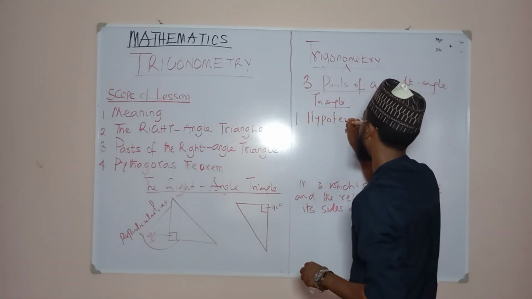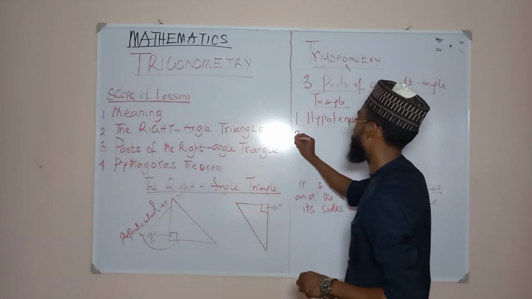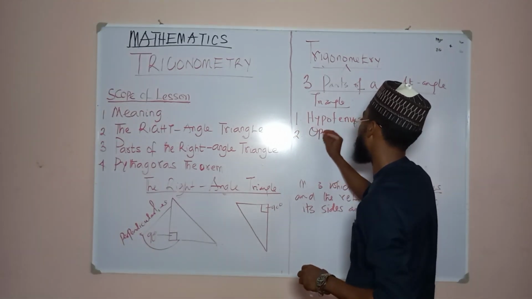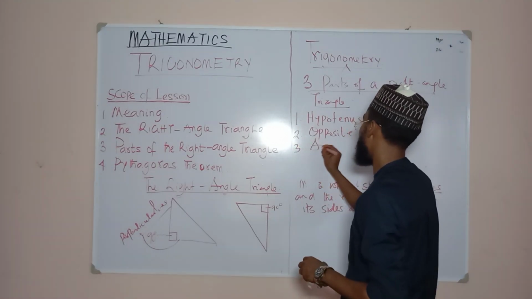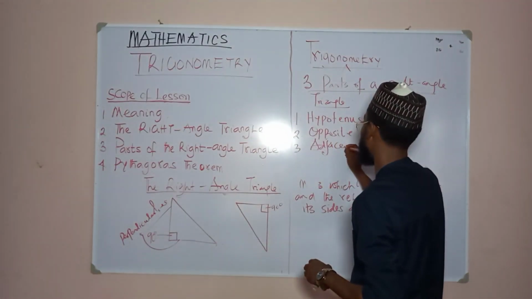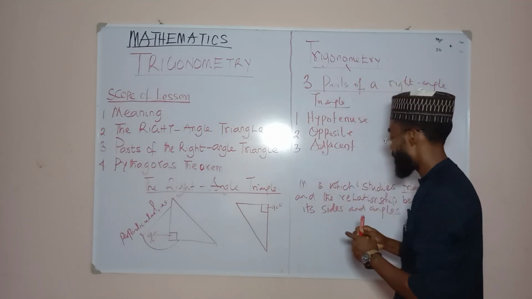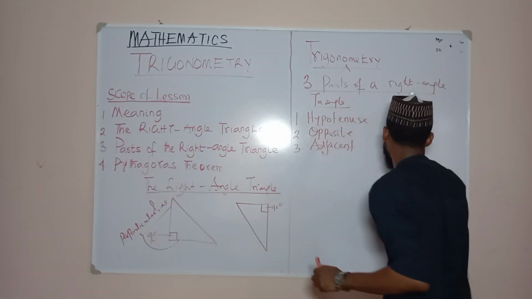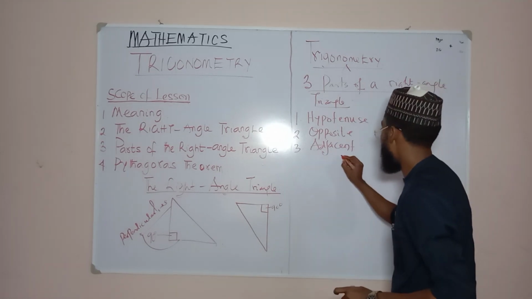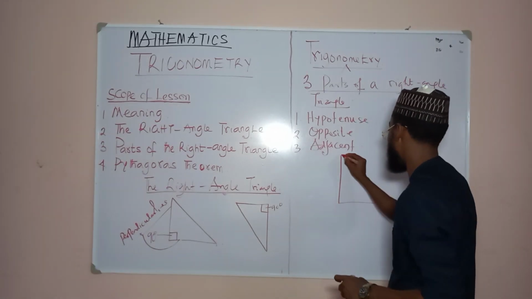The second one is called the opposite, while the third one is called the adjacent. We are going to consider the right angle triangle as we drew it there, and then we'll be able to identify those parts. Now, this is a right angle triangle. Take note.